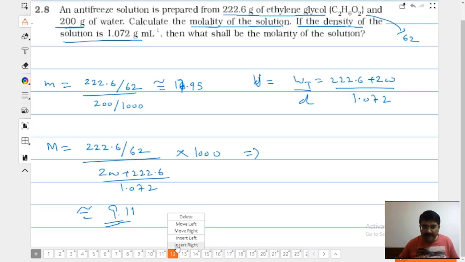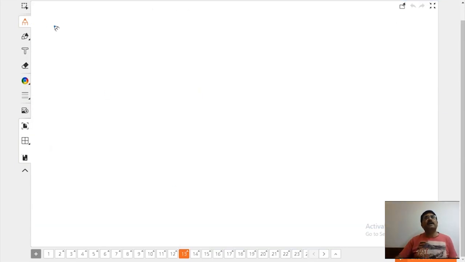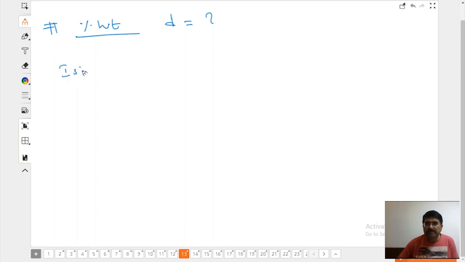One of my friends has asked, sir, अगर हमें percentage by weight दिया हो, forget numerical, right beta? अगर हमें percentage by weight दिया हो and density दी हो, तो how I can calculate molarity? So first step, please do not copy, try to understand.